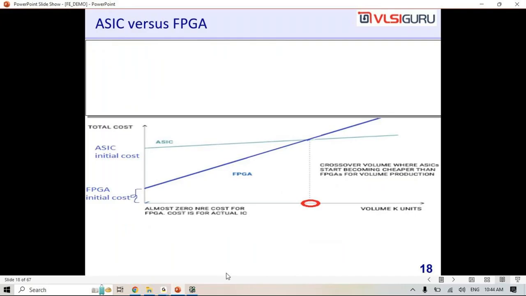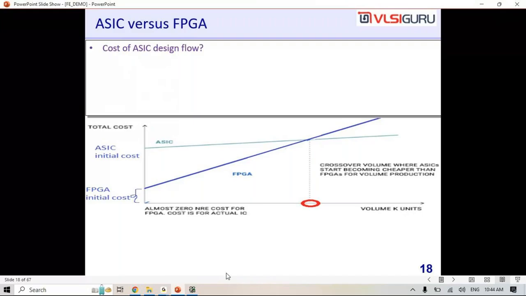Let's understand ASIC versus FPGA. Cost of ASIC design. Let's discuss one thing before we discuss this slide. In our country, India, all the VLSI related work is related to implementation. I mean to say, all the design happens outside of India.